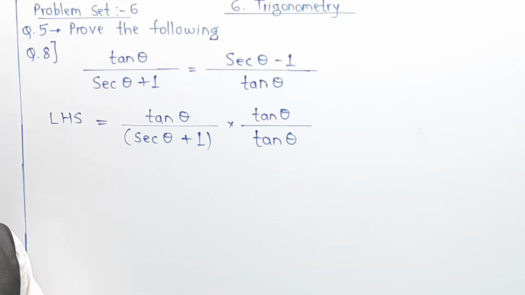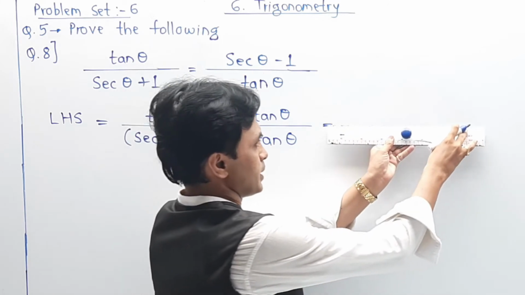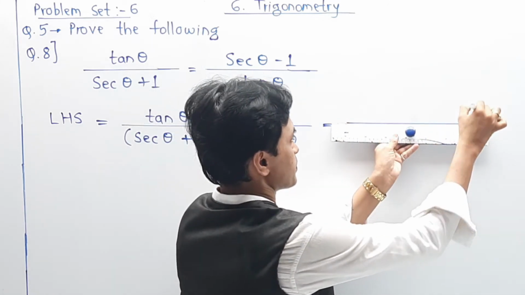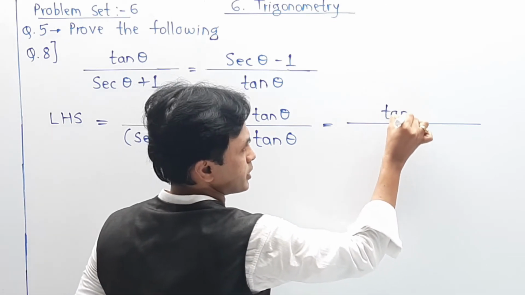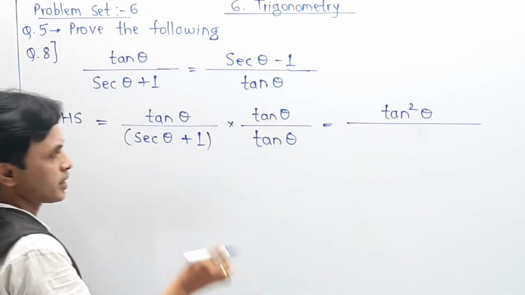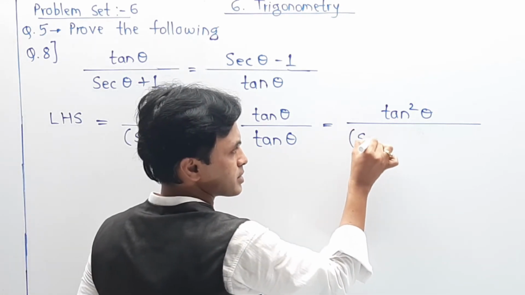Now we are multiplying tan theta with tan theta, and the first step is modified to tan theta into tan theta, which becomes tan square theta, and sec theta plus 1 into tan theta, that bracket remains as it is.